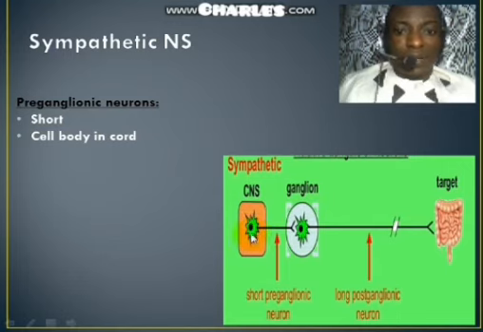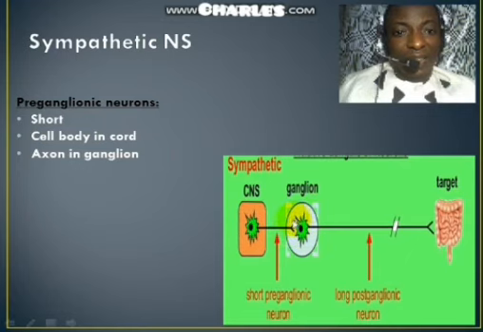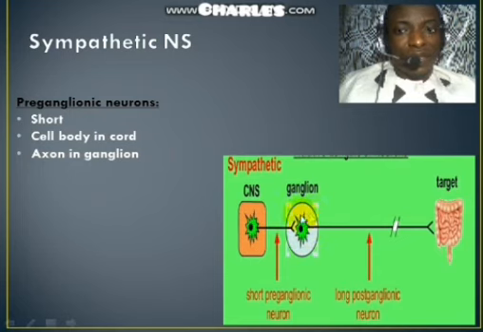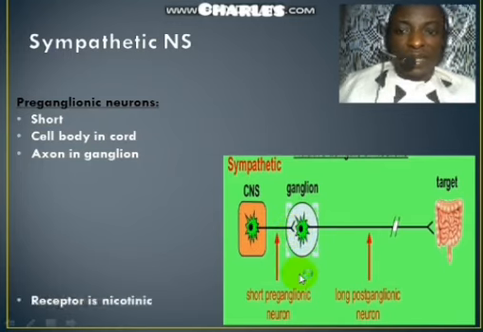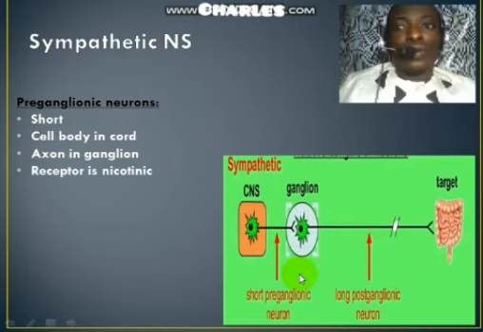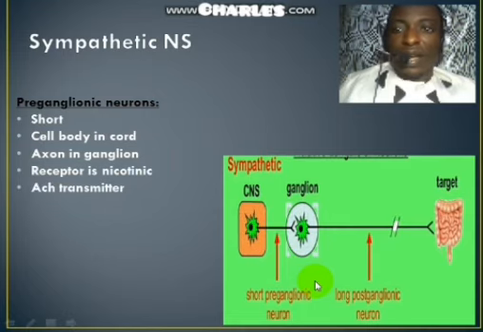Axons of the preganglionic neuron lie in the ganglia. The white circled structure represents the ganglia. So the axons of the preganglionic neuron of the sympathetic nervous system terminate here in the ganglia. The receptors for the sympathetic nervous system are nicotinic receptors, and they use acetylcholine as their neurotransmitter.